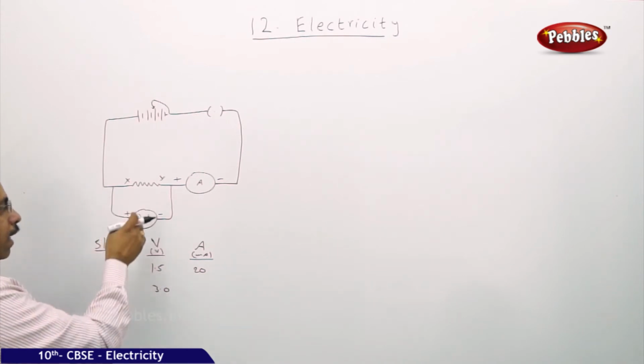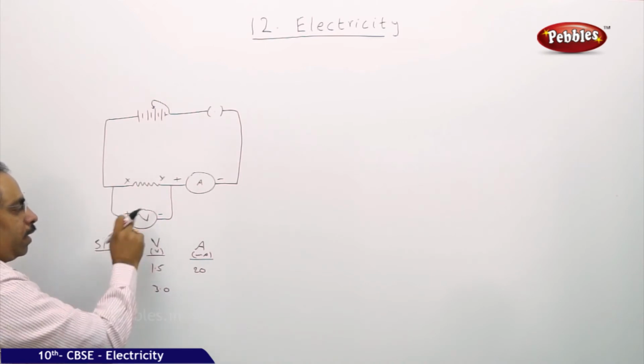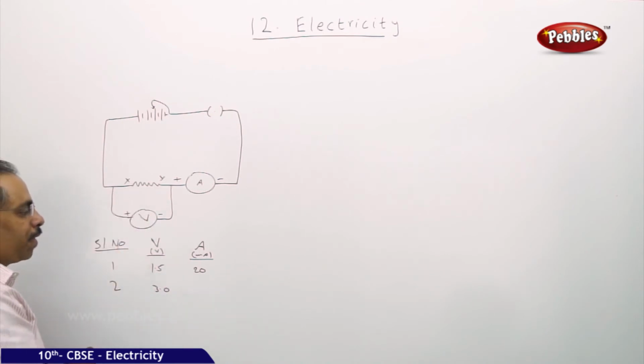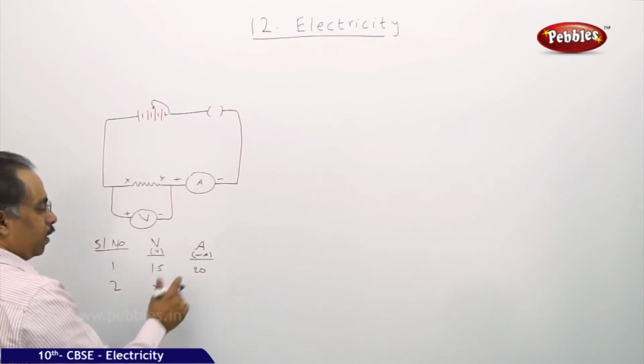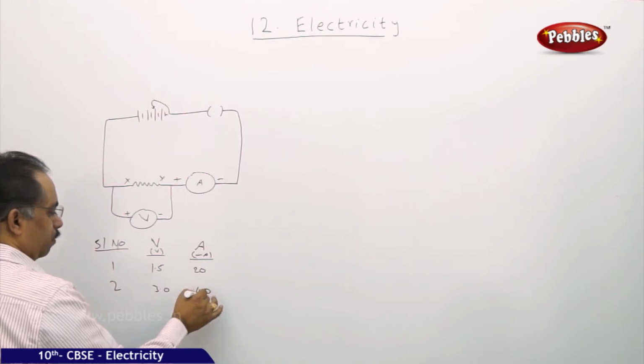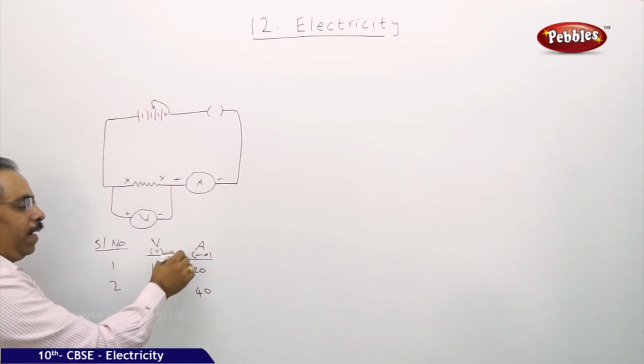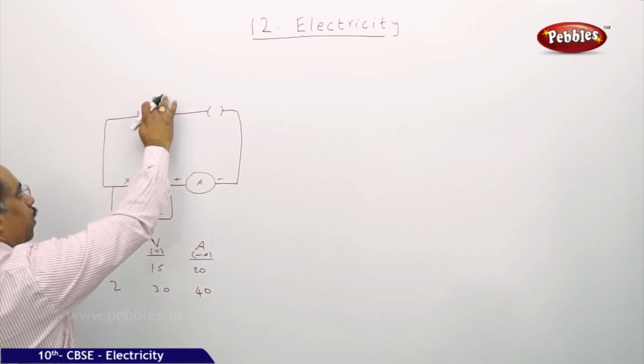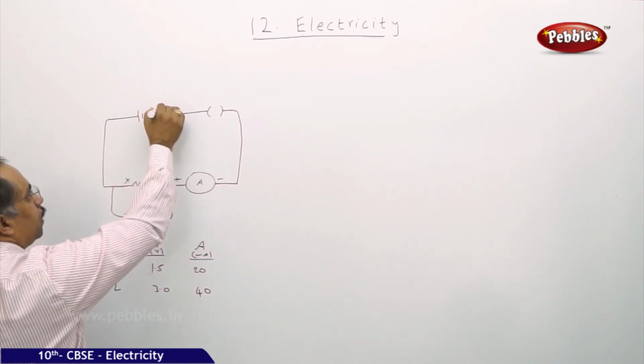Then again I'll switch on and check the voltmeter. This is 3 volt across this XY resistor, and then I'll measure over here. This is 40 milliamps.